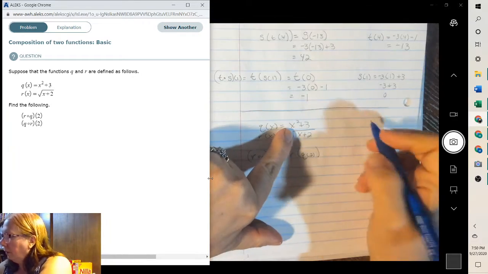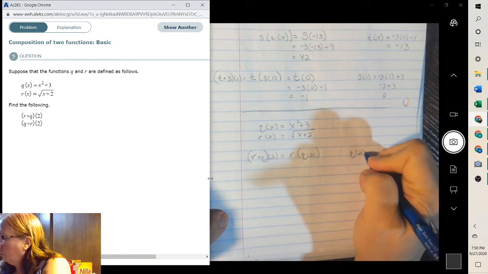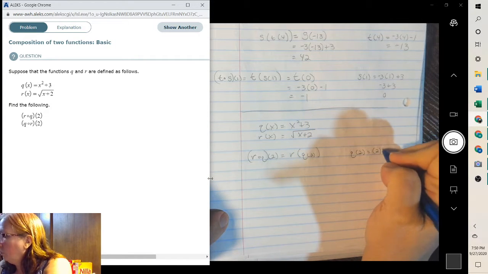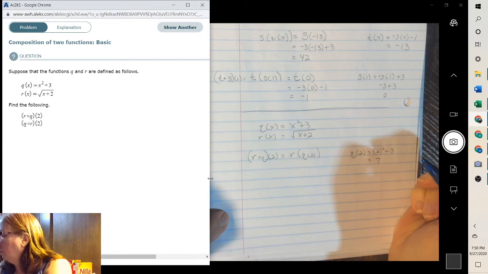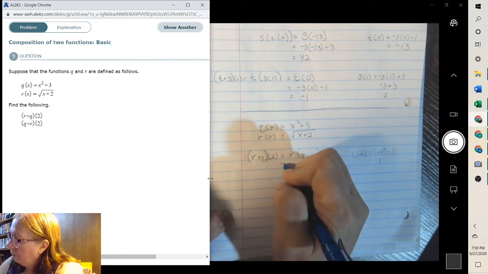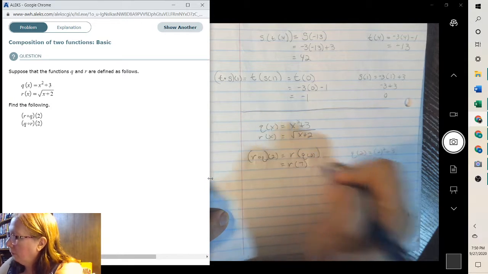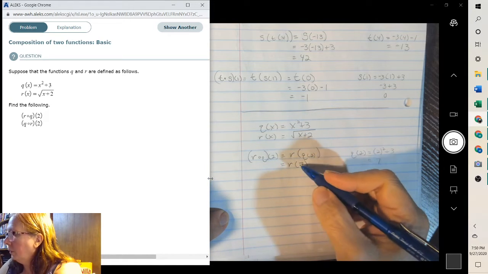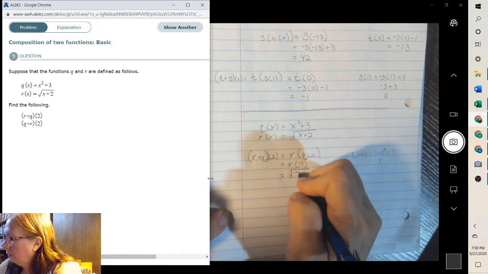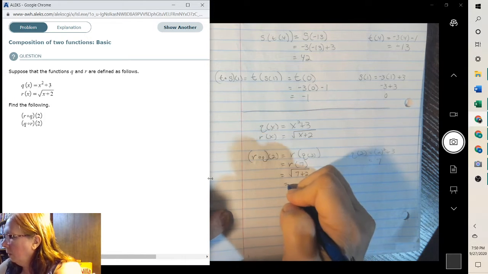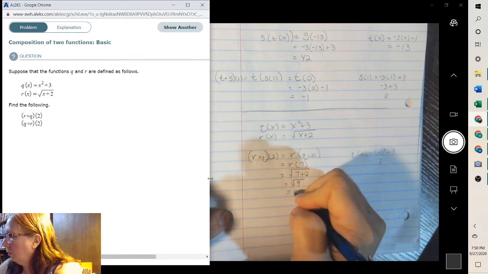Q of 2 is 2 squared plus 3, or 7. So we take that and find r of 7, because q of 2 is 7. 7 plus 2 is the square root of 9, which is 3.